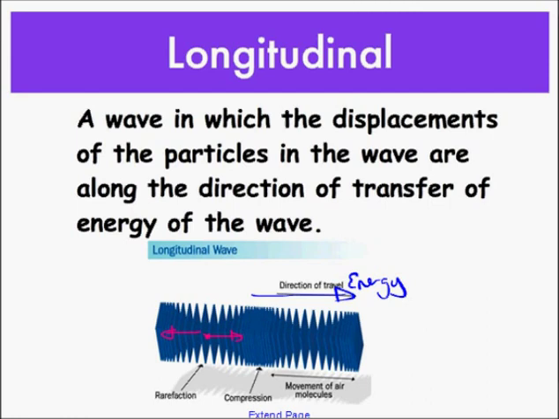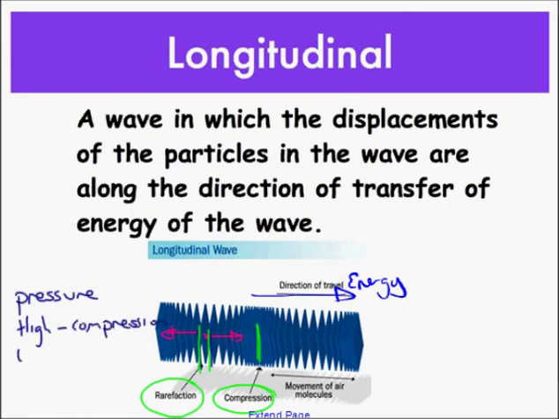You can see here where the particles have the greatest gap. Where there's the greatest gap, we have a rarefaction, and where there's the smallest gap, we have a compression. Something else to remember is the pressure will be high at a compression and low at a rarefaction.